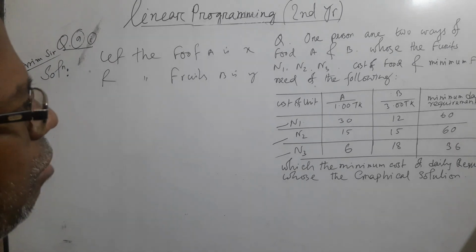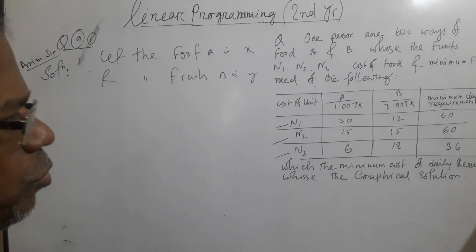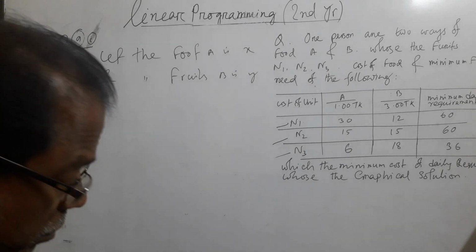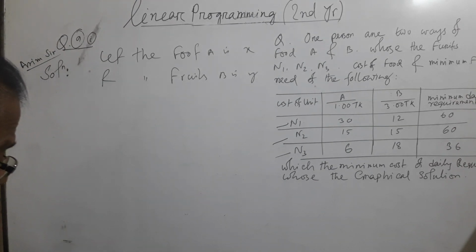The fruits contain N1, N2 and N3, with the cost of the foods and the minimum food needs. This is important maths.